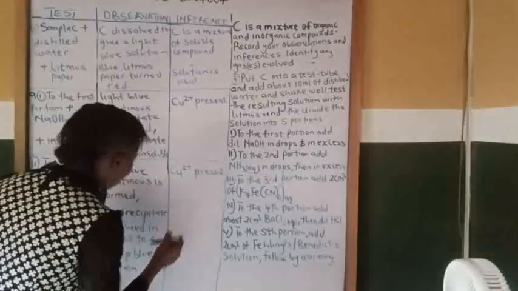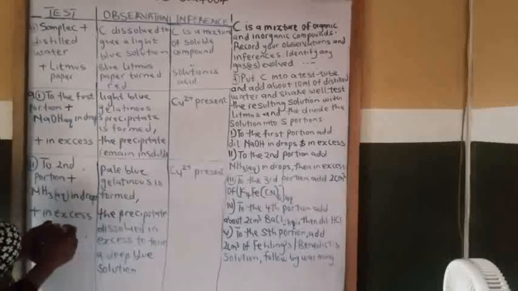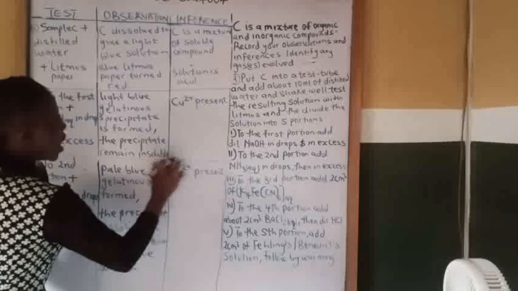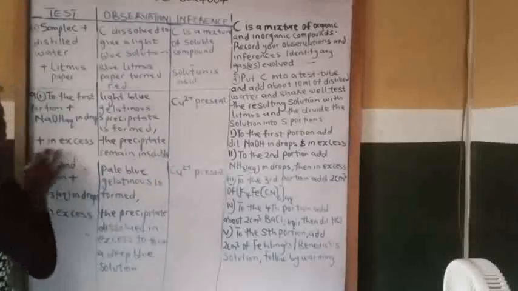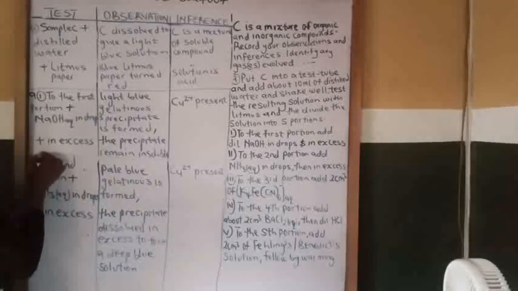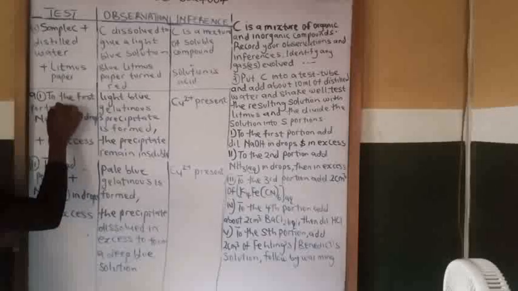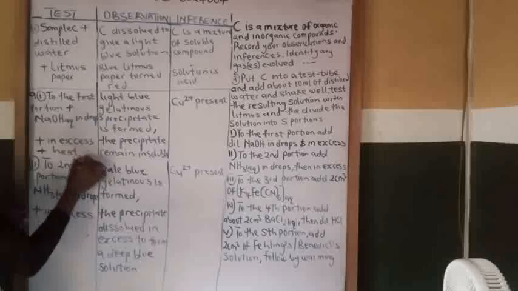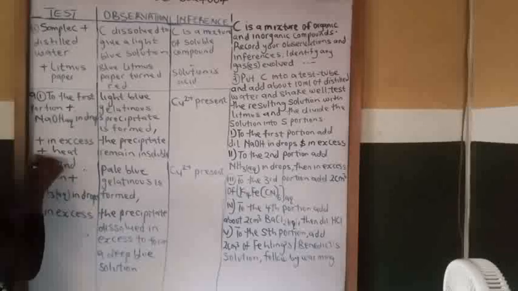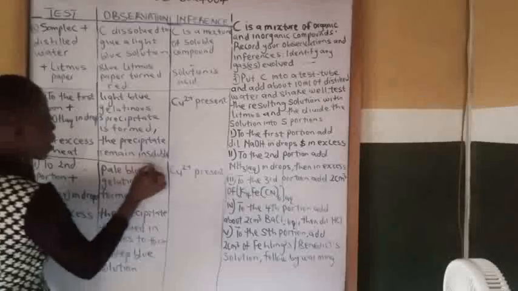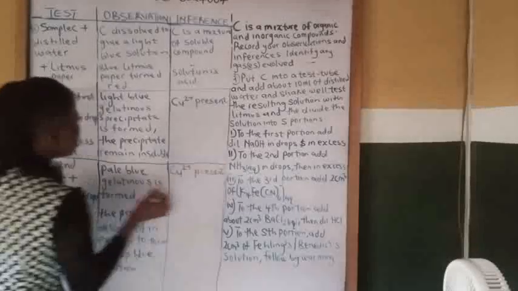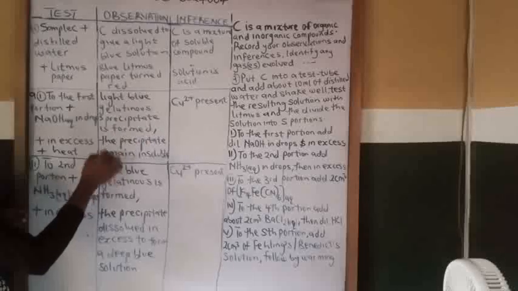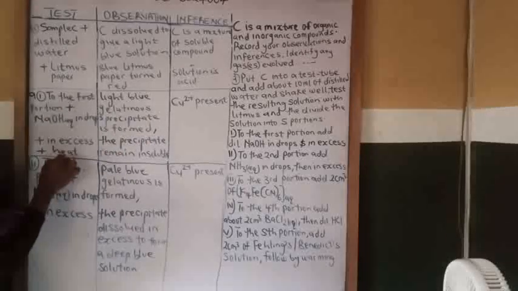Copper ion is confirmed. Then, another question on this, please, I want to add something to this Roman figure 1. To Roman figure 1, you may be asked to heat your solution. If they ask you to heat this solution, the light blue gelatinous precipitate will turn black when the solution is heated.